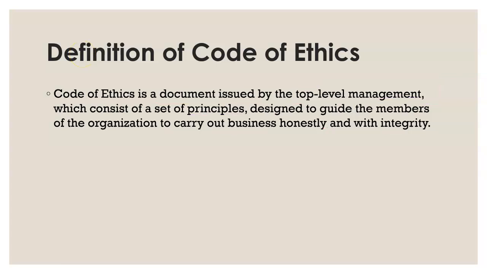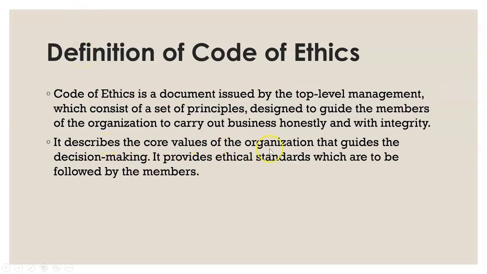Moving forward, we have the next point, and this is that it describes the core values of the organization that guide decision making. It provides the ethical standards which are to be followed by the members. So, in a nutshell, it talks about the core values of the organization. Every organization designs its core values, what exactly they can do and what exactly they will not be doing, right? And that guides everyone in the organization. It helps them in decision making.